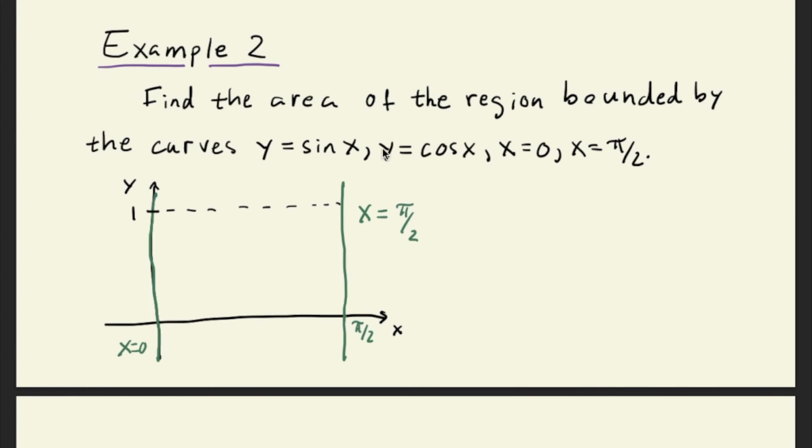Then to plot sine of x and cosine of x, you can, for example, think of the unit circle. Right, so for example, sine of x, when x is equal to 0, well, you can think of the angle 0, right? At angle 0, the x coordinate will be cosine of 0, and the y coordinate will be sine of 0. And sine of 0 is the y coordinate of this point, which is 0, right? This point has 0 y coordinate.